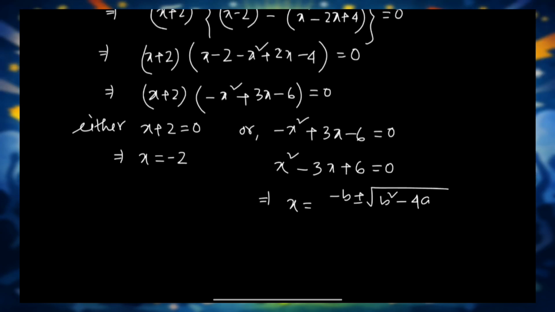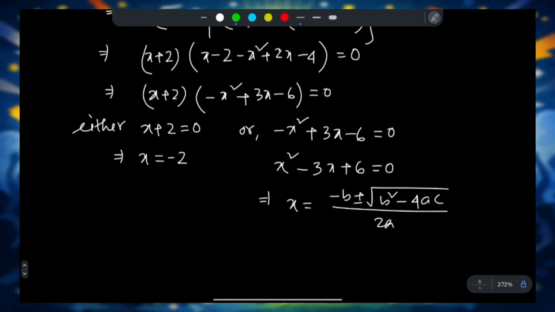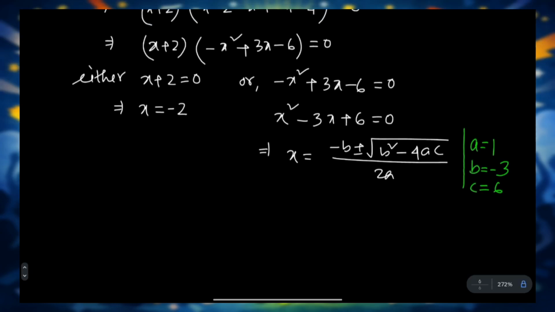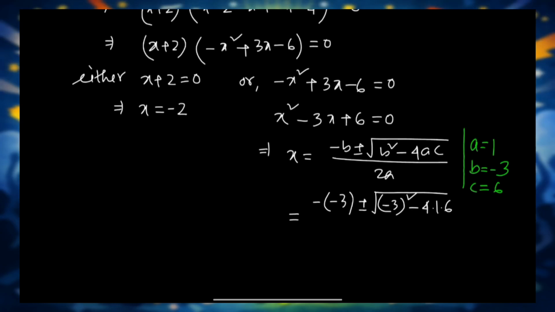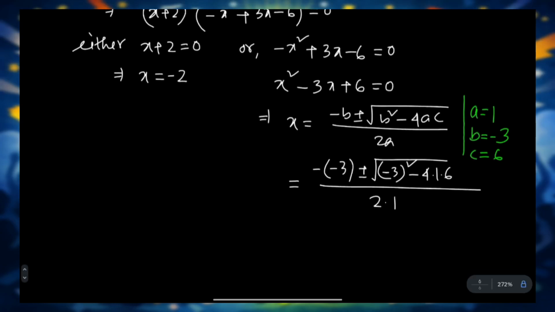So here after comparing, we write the formula minus b plus minus root over of b square minus 4ac by 2a, and here a will be 1, b will be minus 3, and c will be 6. So that implies minus of minus 3 plus minus root over of minus 3 whole square minus 4 into 1 into 6 divided by 2 into 1.